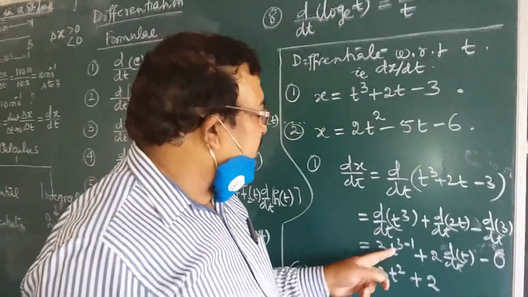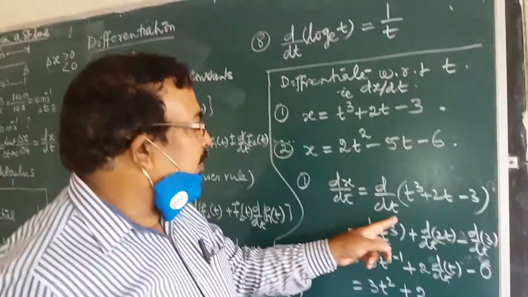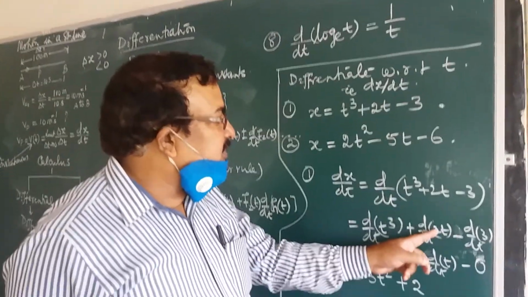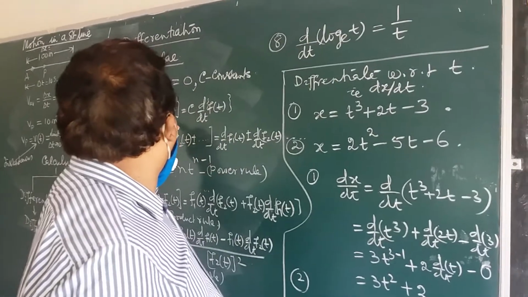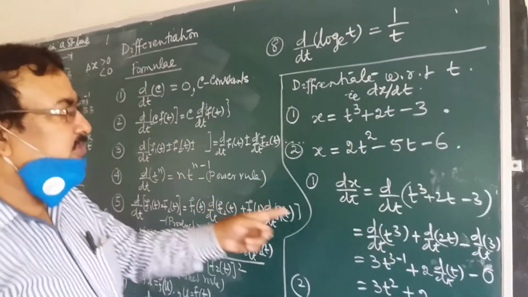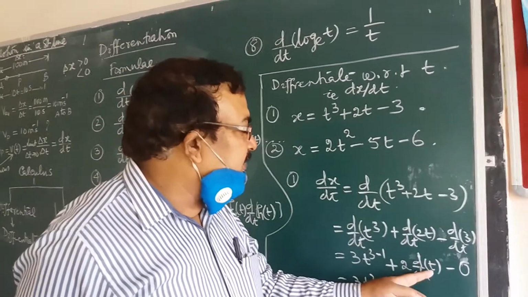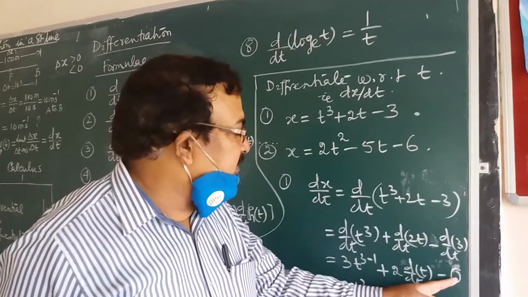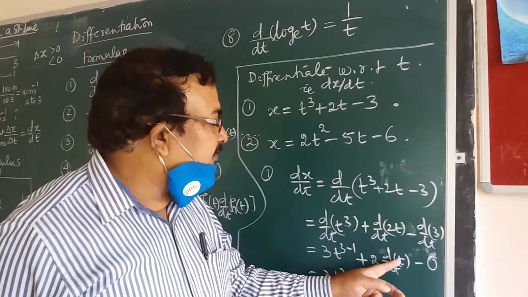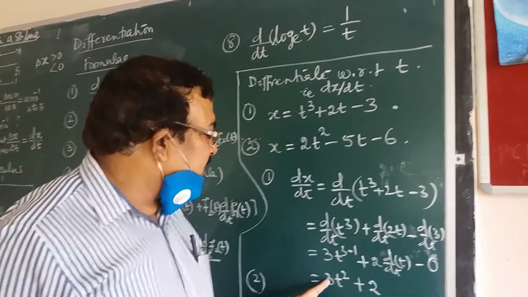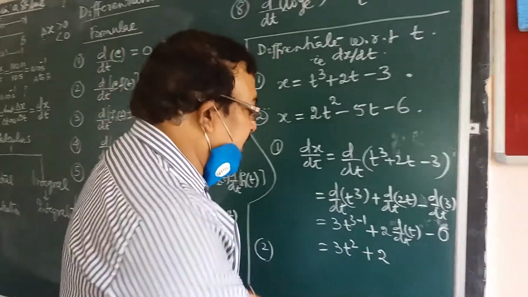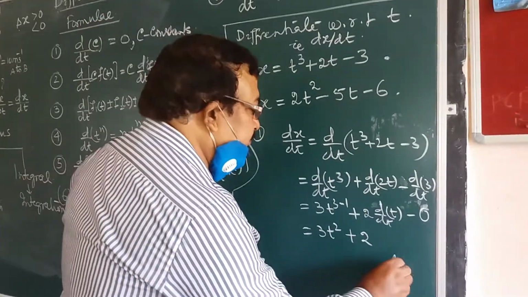Then I am using the power rule in the first case, t to the power n gives n t to the power n minus 1. Then I am taking the constant out, formula number 2, and d by dt of t is 1, and then formula number 1, differentiation of a constant is 0. So the answer is 3t square plus 2. This is the answer.